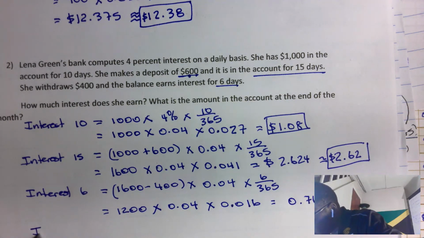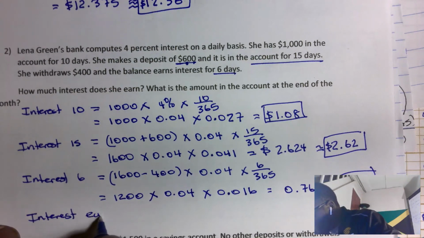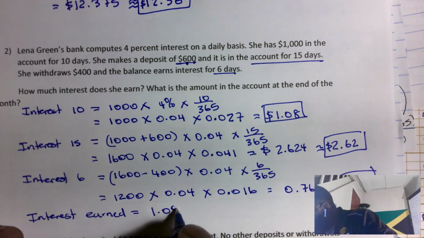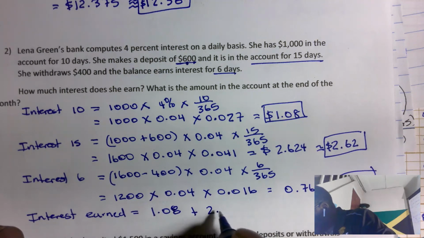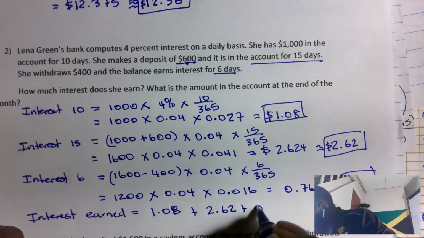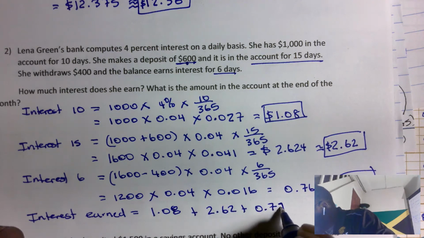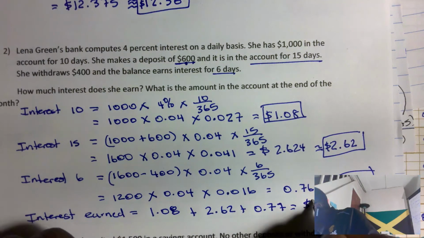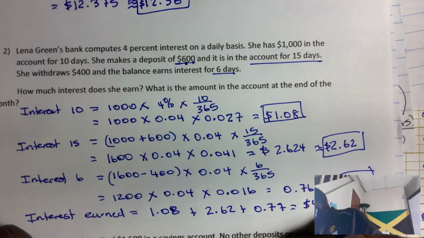So interest earned is equal to 1.08 plus 2.62 plus 0.77, which is equal to 4.47.